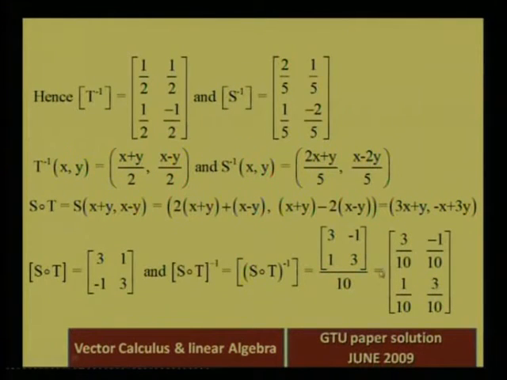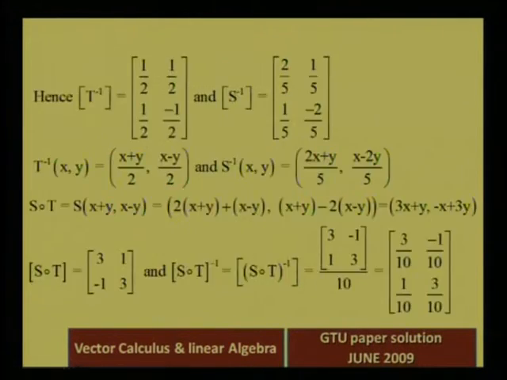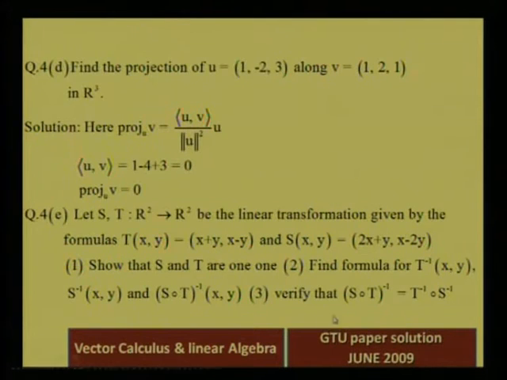So from these two equations, we can write that the inverse of SOT is the same as the composition of T inverse with S inverse. Okay, so here we checked all the sub-questions of this question. You can see this is our main question. We already proved that S and T are 1-1 by finding the standard matrices of S and T and proving that the determinants of those two standard matrices are non-zero.